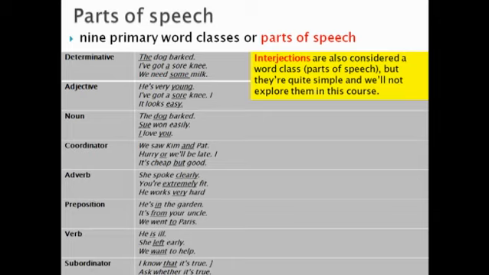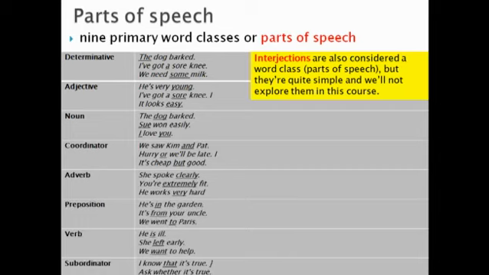The noun: the dog barked. Now the emphasis is on the word dog; Sue or you are also classified as noun. You may say, okay, but I love you. I and you are pronouns. Yes, we are grouping nouns and pronouns together because they play about the same function in the clause. The coordinators: and, or, but, however, and so on.